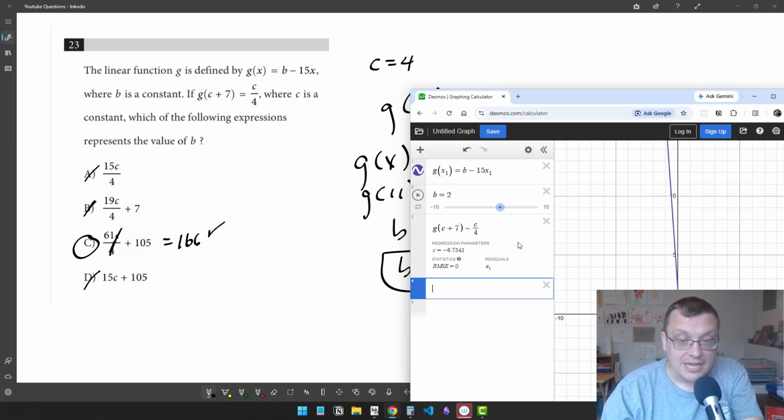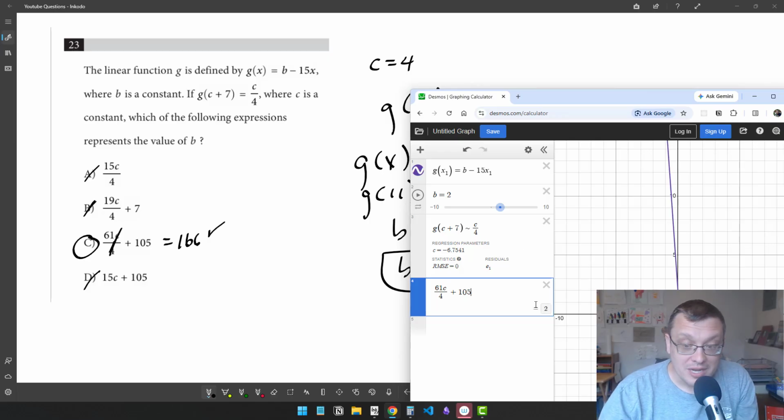So at this point, I can just try the choices out. So 15 over 4 c, well, that's negative 25 and change. We're expecting 2. 19 over 4 times c, worse. So how about 61c over 4 plus 105? Notice what I get. I get 2, which is what I picked for b.